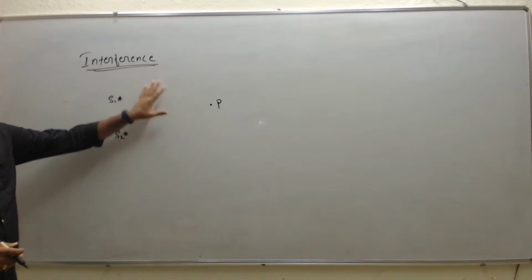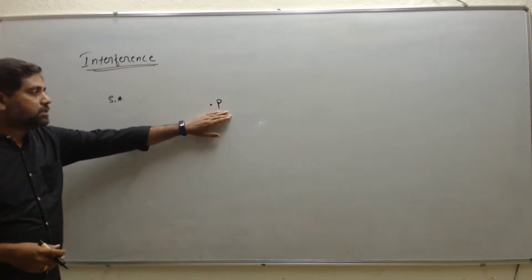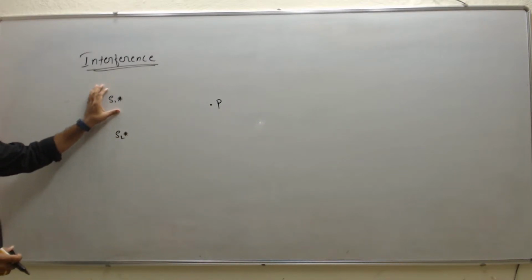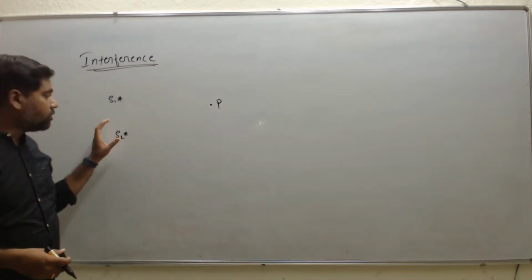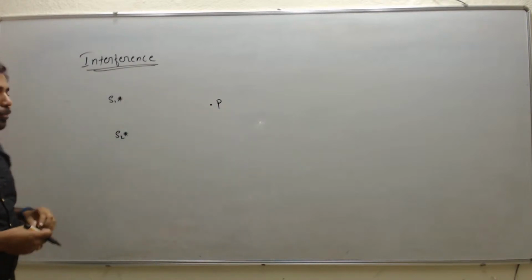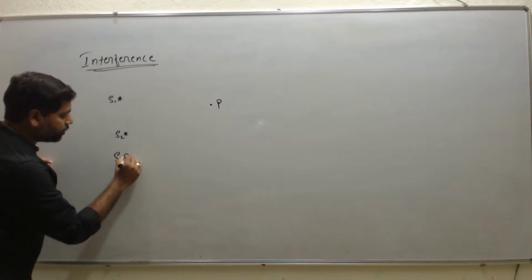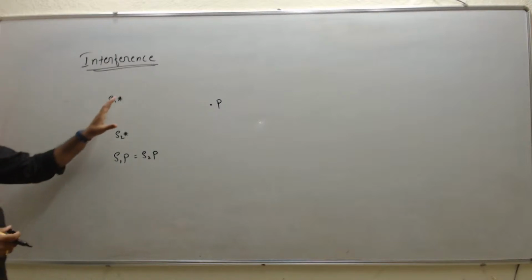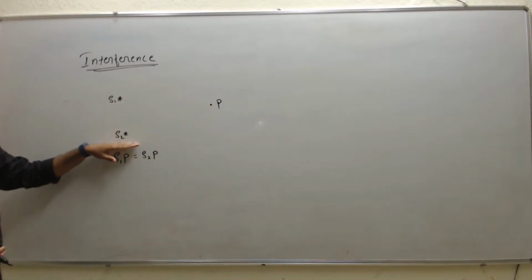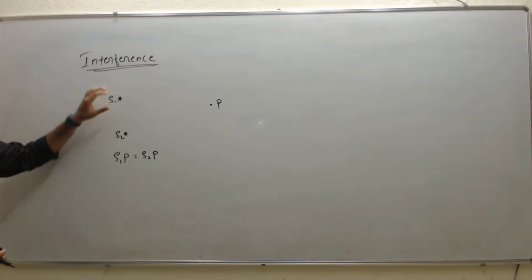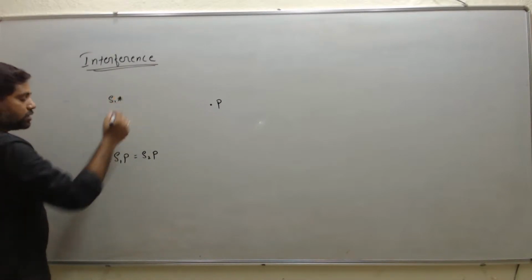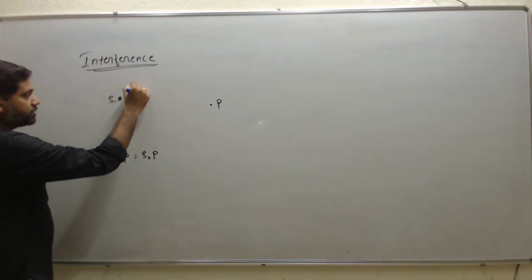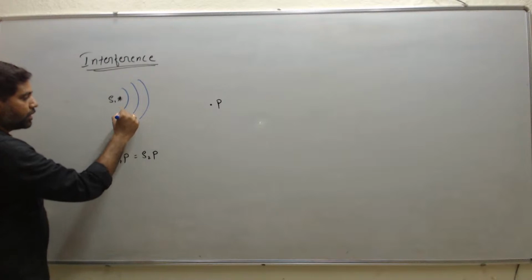The distance from S1 to P is equal to the distance from S2 to P, that is S1P equals S2P. So from this point, these two sources are at the same distance. Sources here mean the sources which emanate the wavefronts or waves.